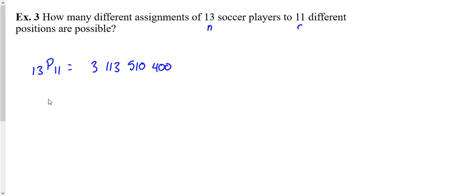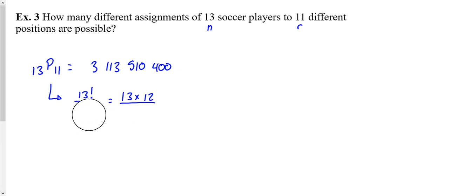So again, instead of just using your graphing calculator, you'd have 13 factorial divided by 11 factorial. And here, this is the same thing as saying 13 times 12, all of that divided by 11 factorial. Ooh, not 11 factorial. My apologies.